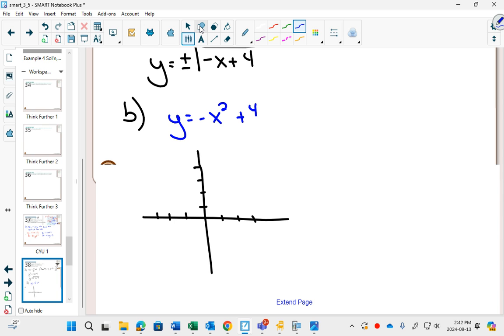Let's graph this using grade 12 stuff. X squared is a parabola. Does this negative outside make you think of vertical reflection? So I think of my parabola, flip down, and then move up 4. That'll get a vertex right there. Over 1, down 1 there, over 1, down 3.